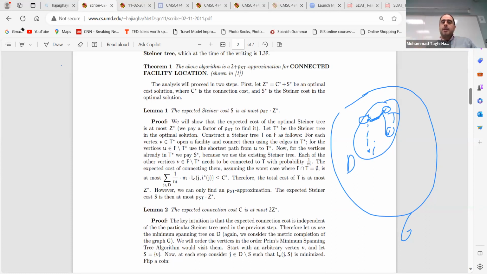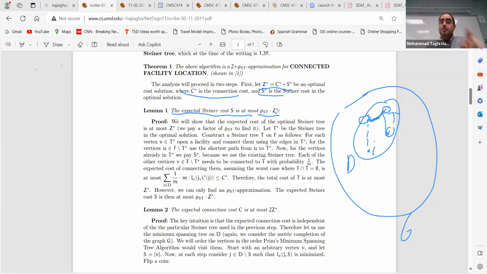Good. So the first thing is, let's consider Z star. Z star is C star plus S star. We have an optimal cost solution, where C star is the connection cost and S star is the Steiner tree cost for the optimum solution. The optimum opens something, and the first claim is that the expected Steiner tree cost S is at most rho ST times Z star.